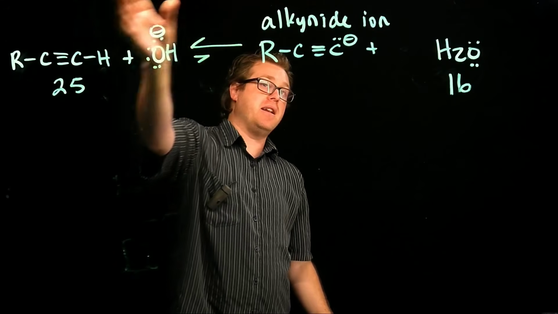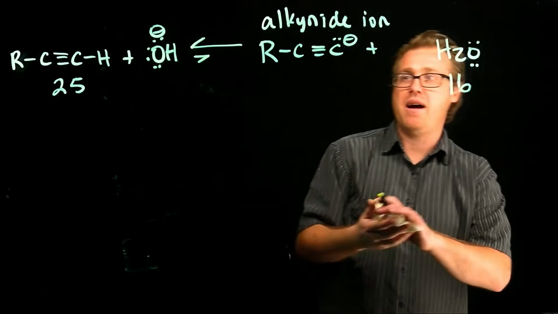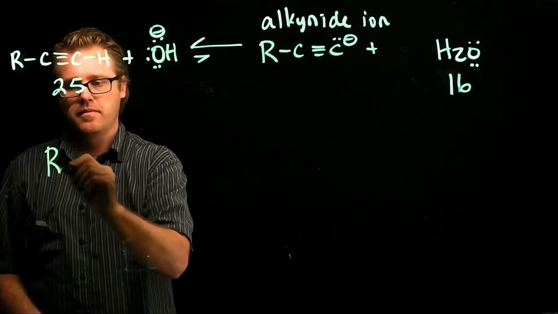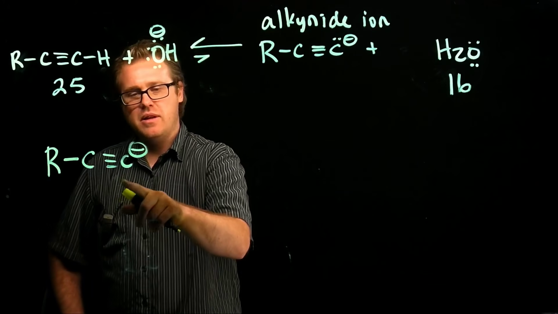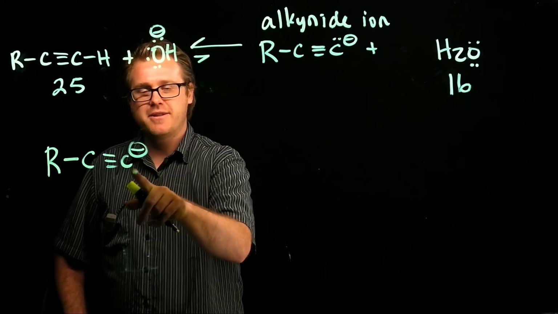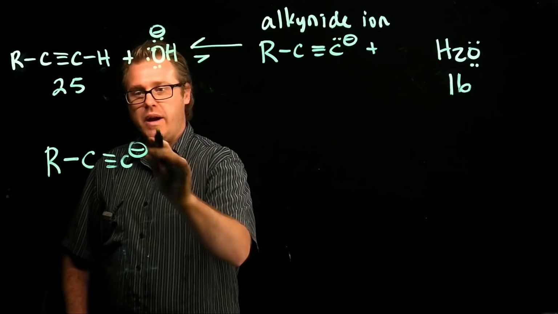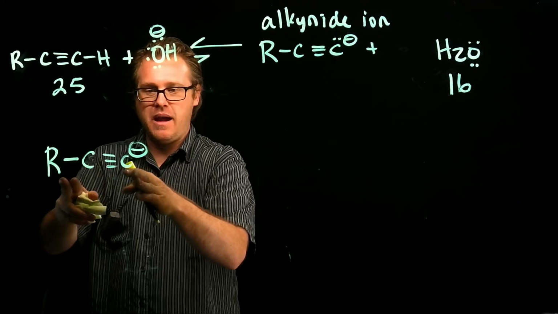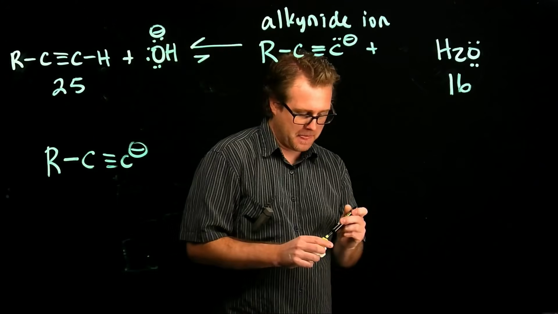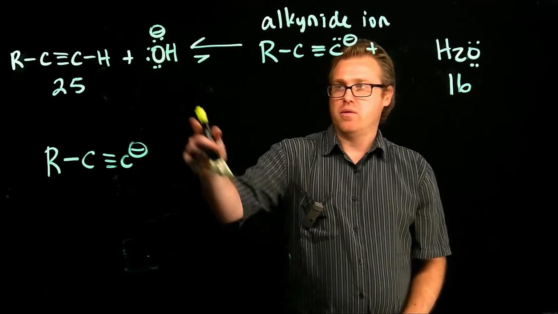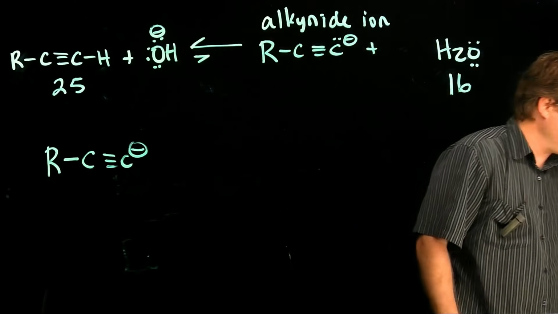So we are never going to get enough of our alkyne ion here to do the reactions, because now when we have this species right here, what is that? Well, that's a negatively charged species, right? So that could act as a nucleophile or a base. We've converted this alkyne into a reactive species when we have deprotonated it. So the moral of the story, yes, hydroxide is a strong base, but not strong enough.